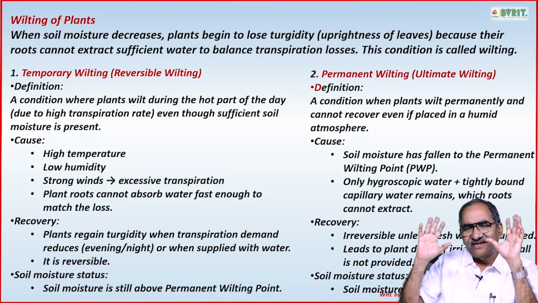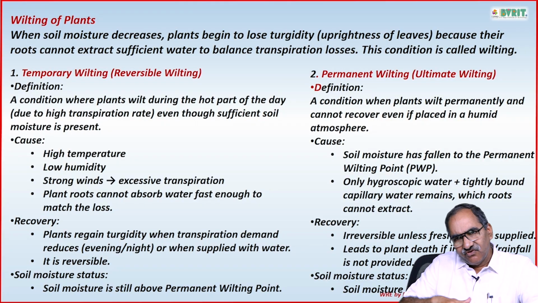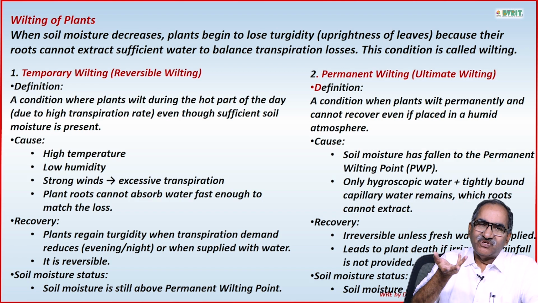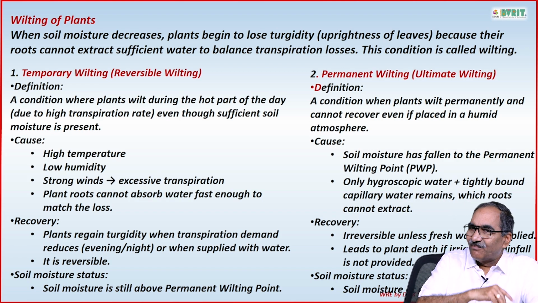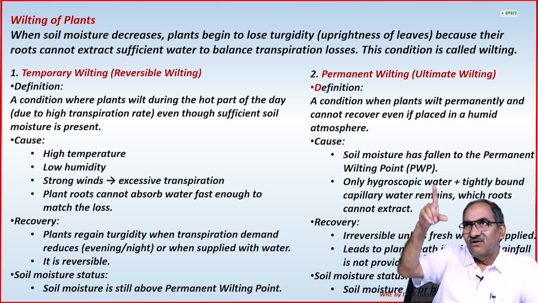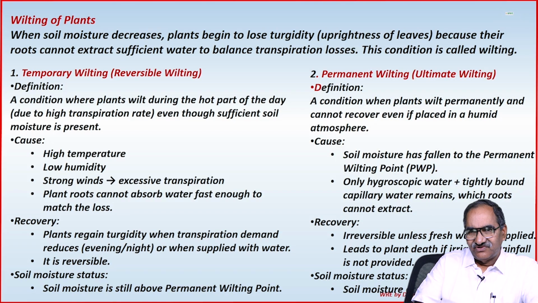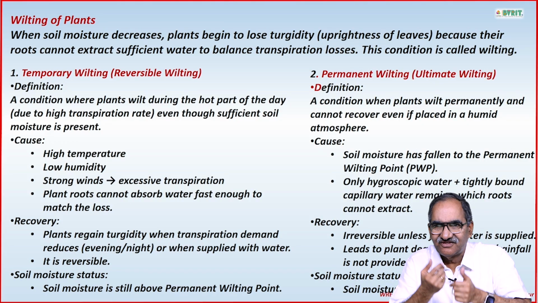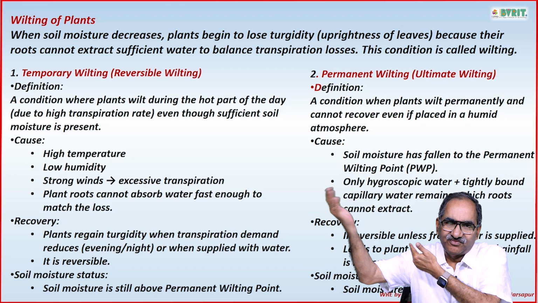On a sunny day, even though you have soil moisture, it is quickly lost, because it is not only the plant that is taking the water. Because of the outside temperature, the water is slowly evaporated, and there are two things: evaporation and transpiration.